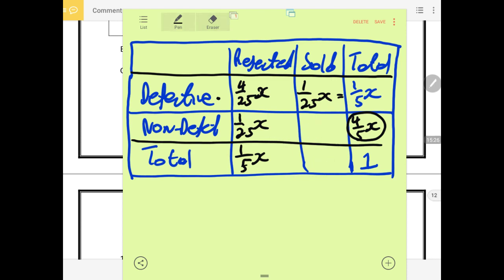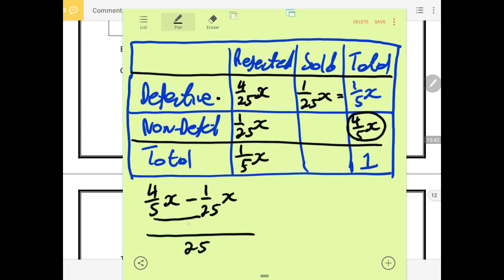Very easy. Total, which is 4 over 5x minus 1 over 25x, and in this case the lowest common multiple will be 25, because 5 fits into 25 and 25 fits into 25. 5 goes into 25, it will be 5 times.